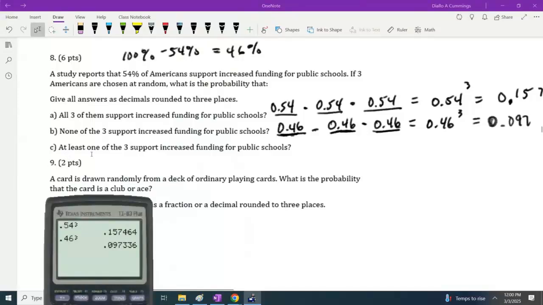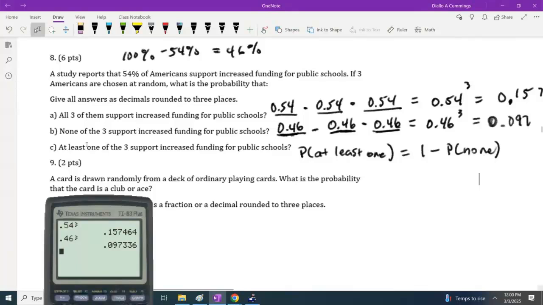And then C says the probability of at least one. So remember, there was a special definition for that. The probability of at least one equals 1 minus the probability of none.